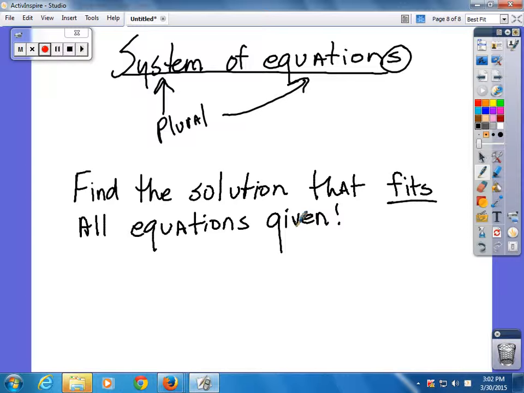Now, up until now, meaning Algebra 1, Algebra 2, and College Algebra, you should know the three ways to solve systems of equations, or should have been exposed to them. The first way is by graphing. We will go over that. The second way is by substitution.